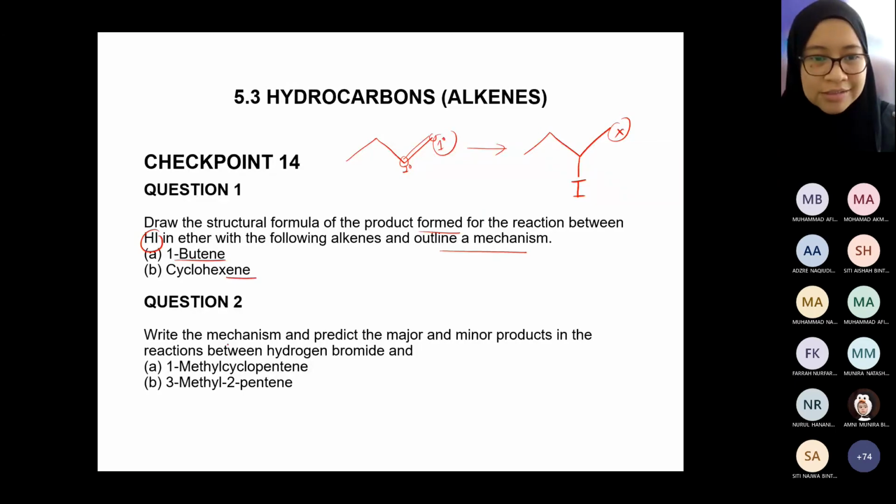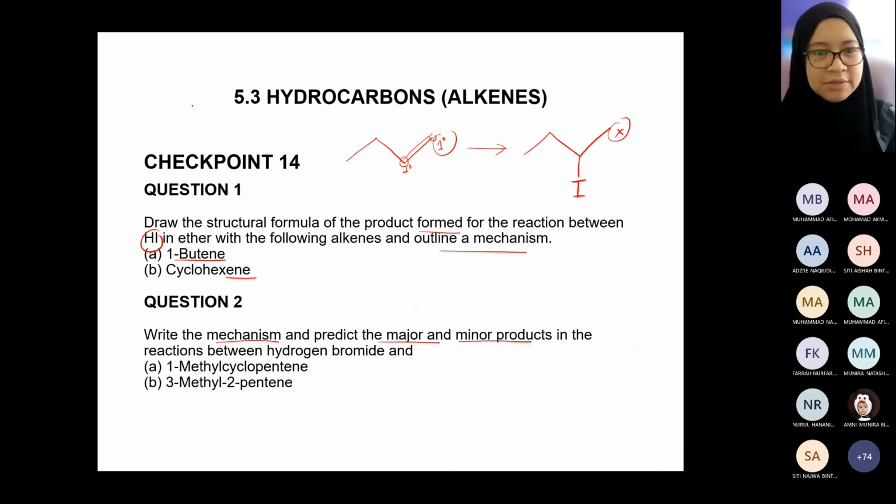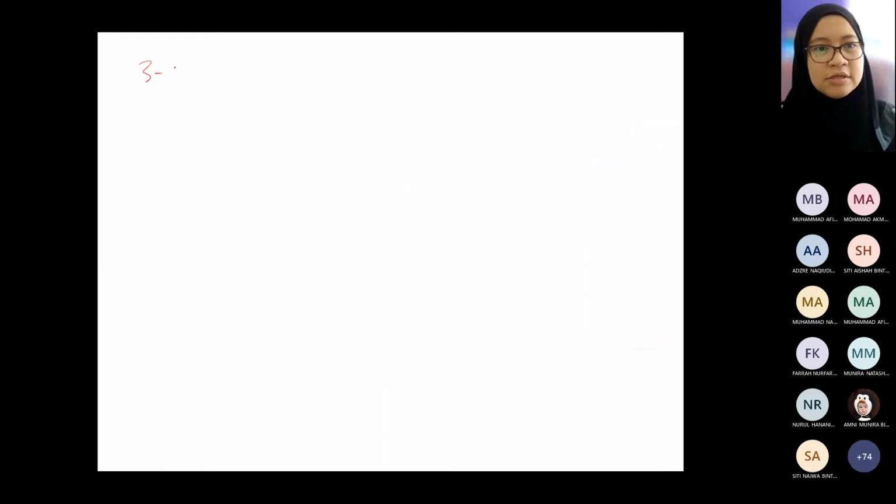In the reaction mechanism kena ada. Predict the major and minor product in the reaction between hydrogen bromide and these two. So you choose B just now kan? Okay, so let's do B. Apa tadi? 3-methyl-2-pentene.